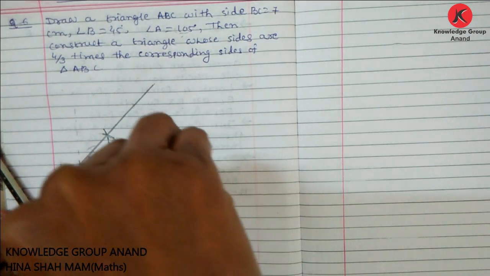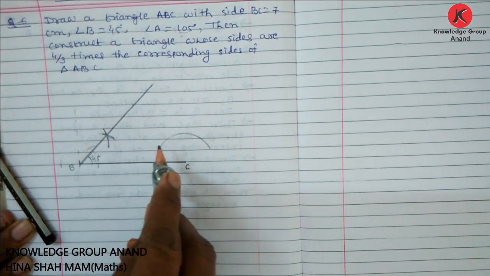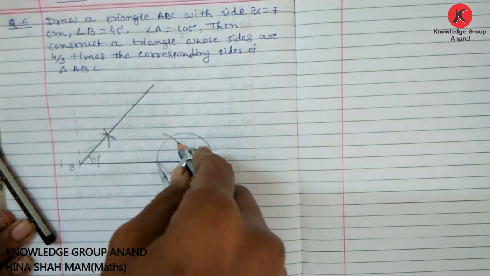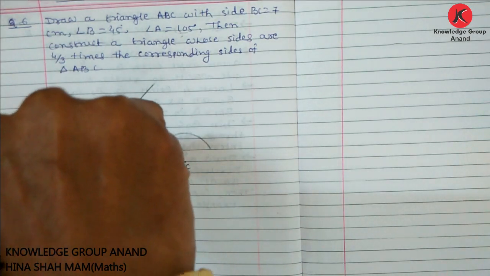Then it is a bisect of angle 60. First we draw here angle 60. Then bisector of angle 60 is equals to 30.